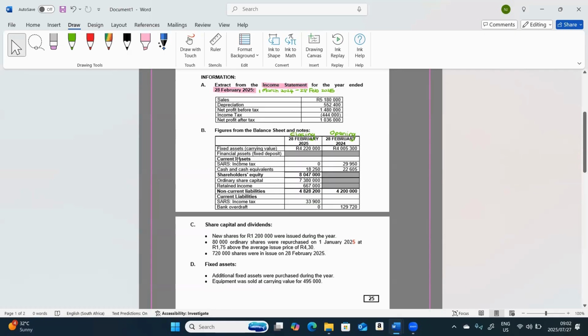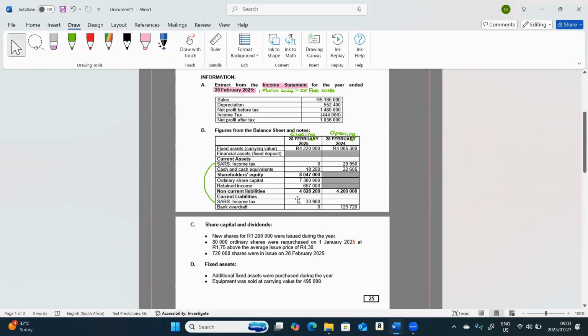So you'll see that we have 2 SARS income taxes, right? We have one under current assets, and then when we go down, we also have one under current liabilities. Guys, this is just because our opening balance of 29,950 was a receivable from SARS. That's why it's under current assets.